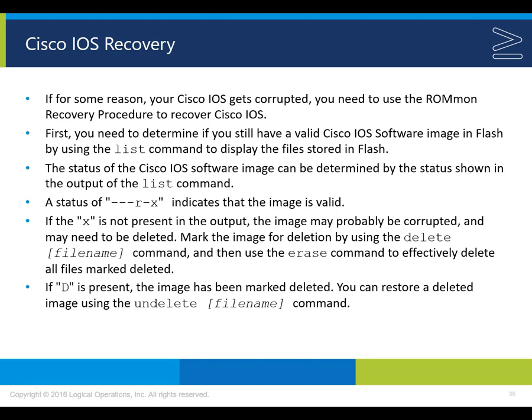Recovery: if the iOS gets corrupted and you go into ROM-MON mode, read-only memory monitor mode. If you ever see ROM-MON, say, I've got a problem. The iOS gets corrupted. They got a set of things here, the list and all that other stuff.